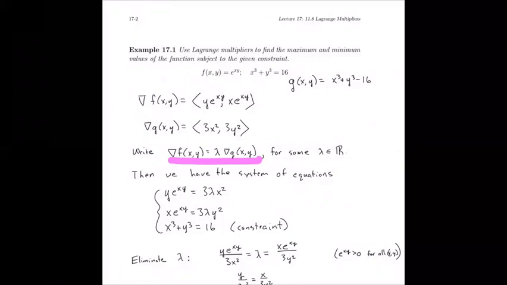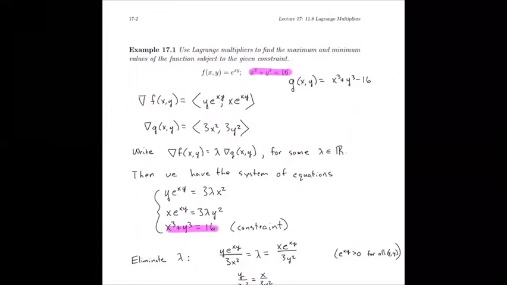What this results in is a system of equations. So in other words, this component is equal to lambda times this component, and that gives us this equation. This component equals lambda times this component, and that gives us the second equation. The third equation on that list is simply a restatement of the constraint.